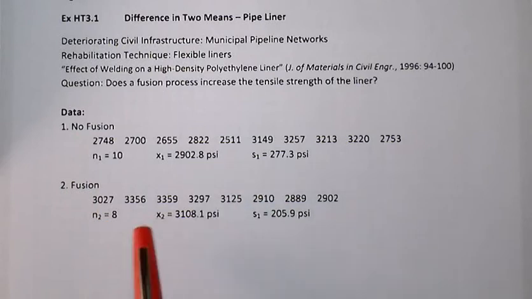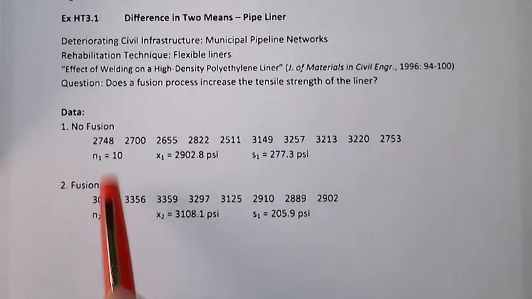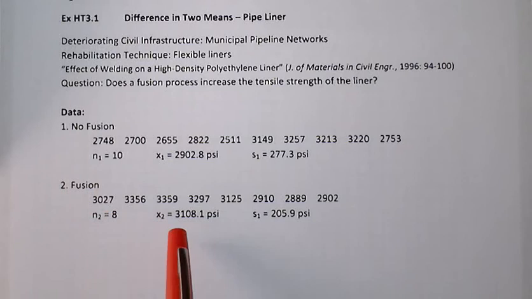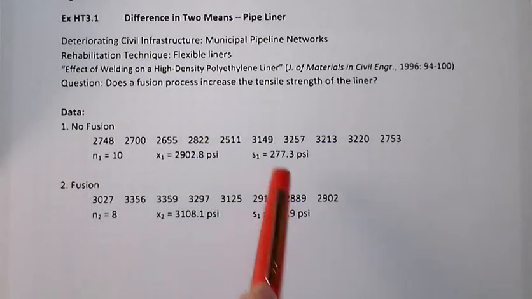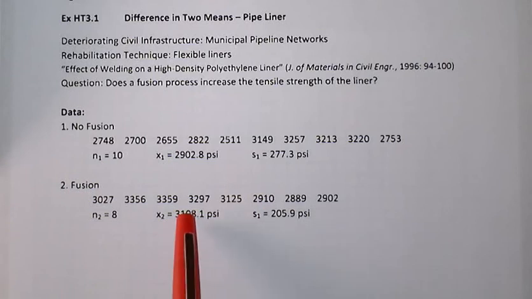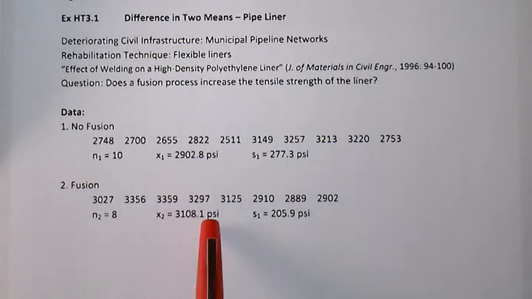Unfortunately, in both cases we have relatively small sample sizes, and they're not the same size either, nor do we have any particular reason to believe that the standard deviations of the two should be the same, and clearly we have some sort of a difference in the mean. So one of the questions is: is this a statistically significant difference, or is it not?